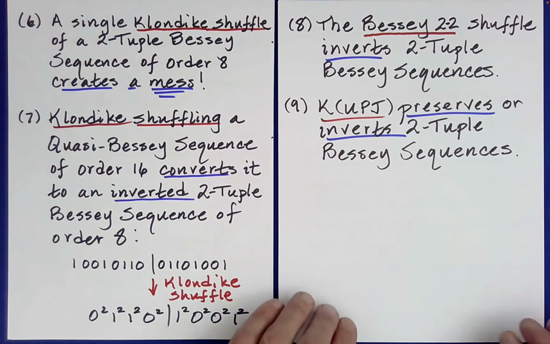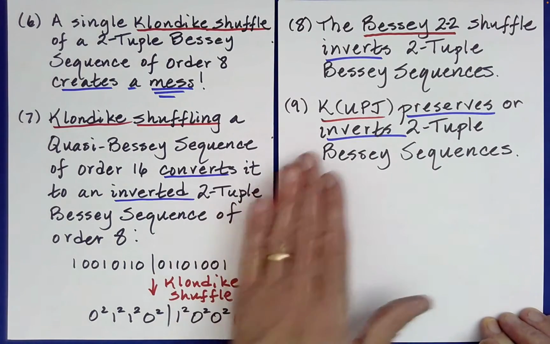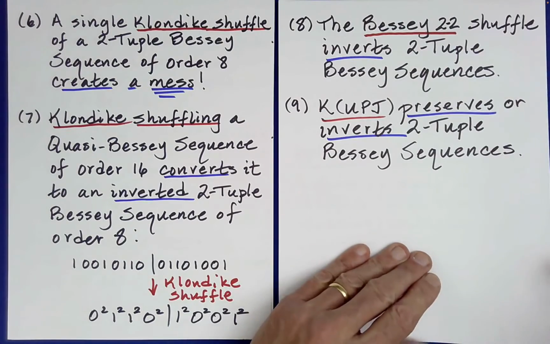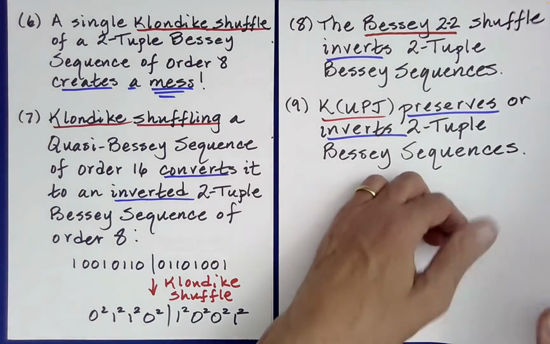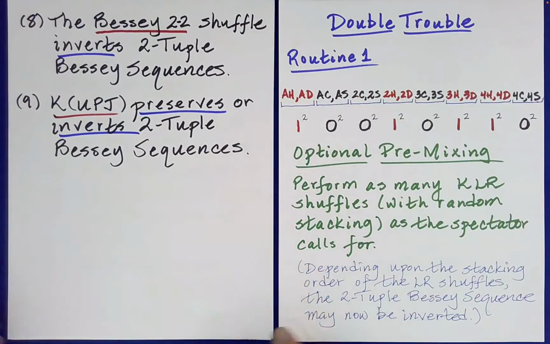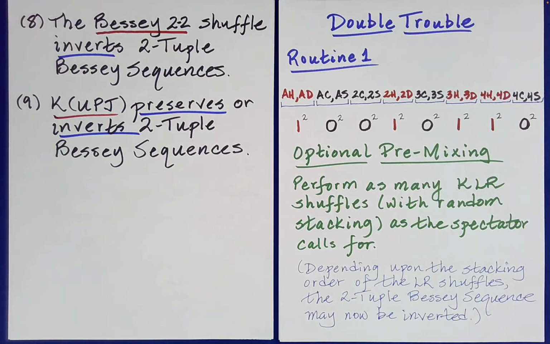Okay, so you can actually follow the Klondike with an LR, or you can follow it with an up jog, either even or odd up jog. Okay, so very nice. So this is before we've even divided the sequence of 16 cards into two smaller sequences of 8 cards. You can actually perform the Klondike followed by an even or odd up jog, and you have not destroyed anything important.